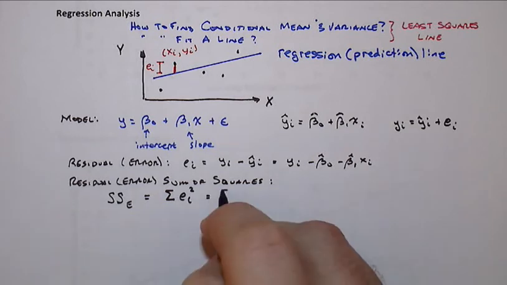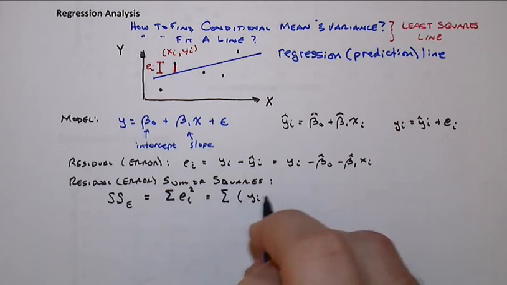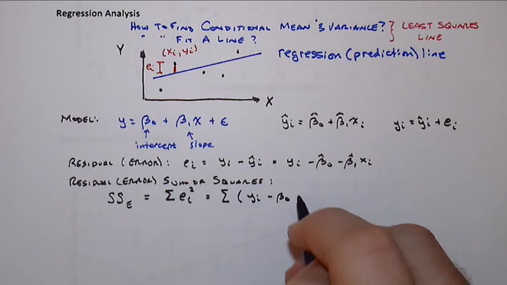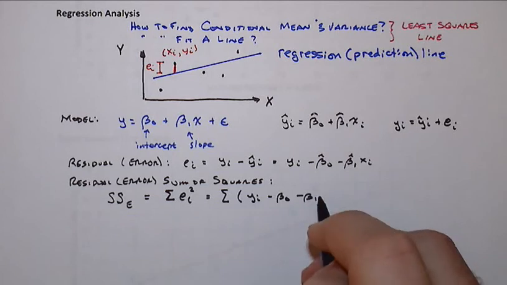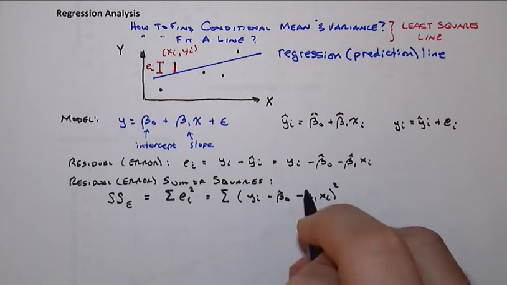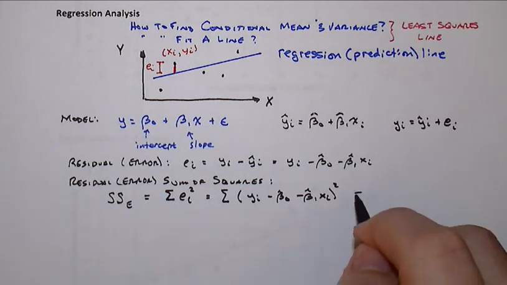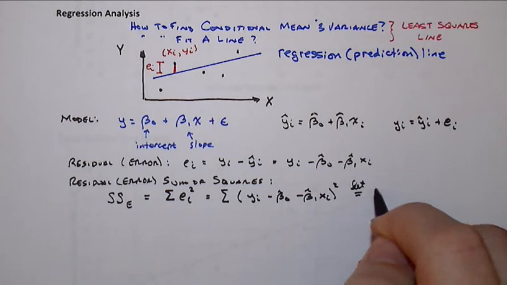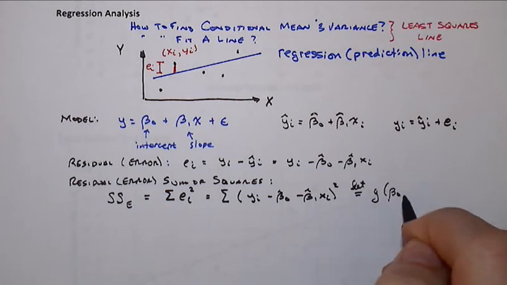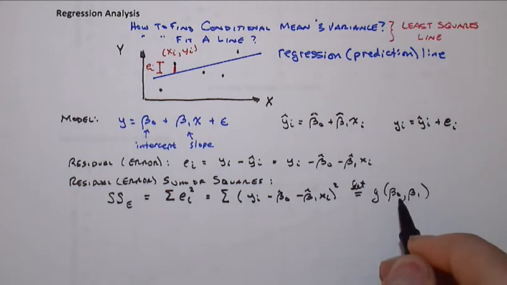And when we substitute in our expression for E sub i, we get y sub i minus beta naught minus beta 1 x i, squared. Okay, I'll put the hats back in. And just for convenience, I'm going to let that be equal to G of beta naught, beta 1. That is a function of these two unknowns.